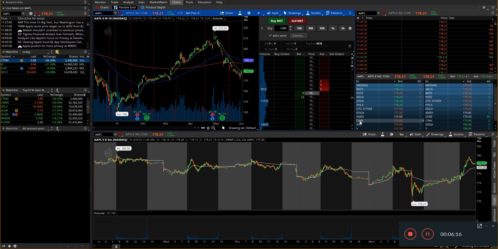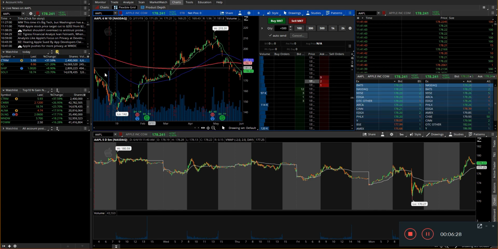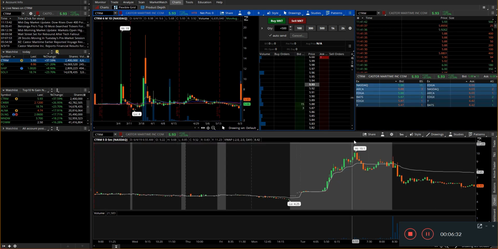So to make $1,000 on 5 shares, this would have to move $200, which is not probably going to happen in one day, or even a month or 6 months. So go back to CTRM, $1,000, you buy 200 shares, $5 move, you make $1,000.